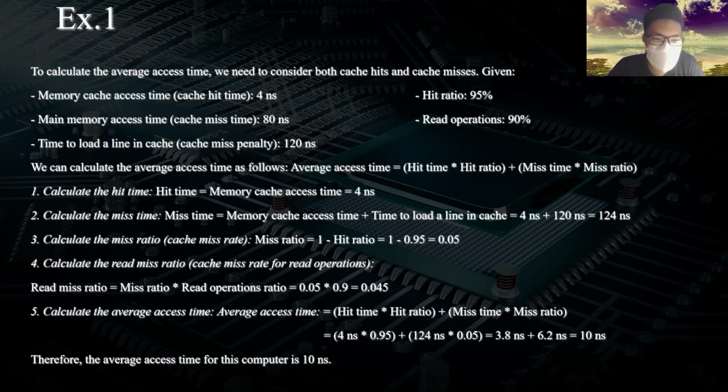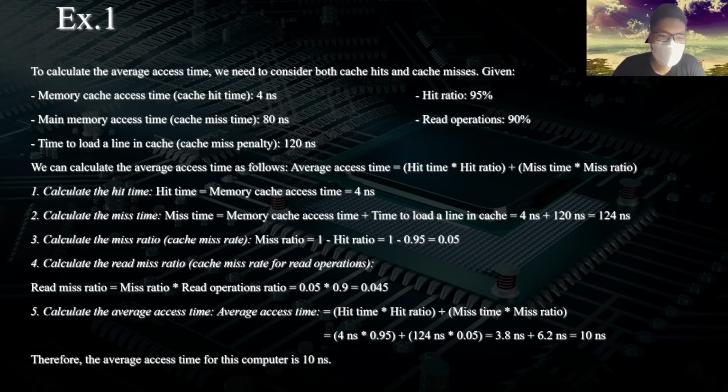Calculate the miss ratio. The miss ratio equals 1 minus hit ratio, equal to 1 minus 0.95, equal to 0.05.